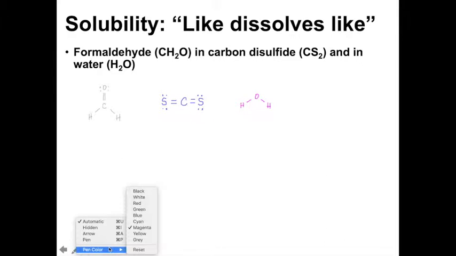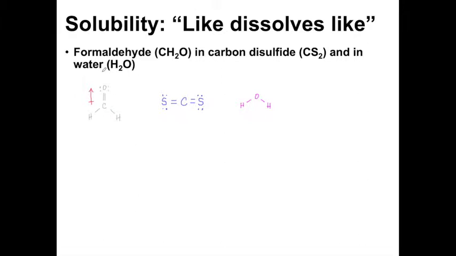So now we're going to identify whether each molecule is polar or nonpolar. So for formaldehyde, there's also polarity in this molecule. So the polarity is directed towards the oxygen atom. So this is polar. Carbon disulfide is nonpolar, so it's linear.